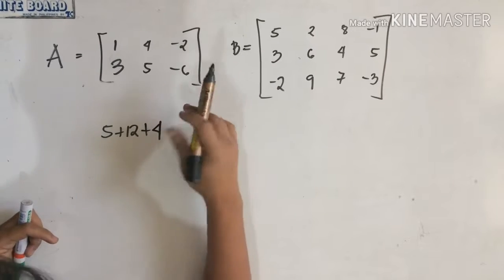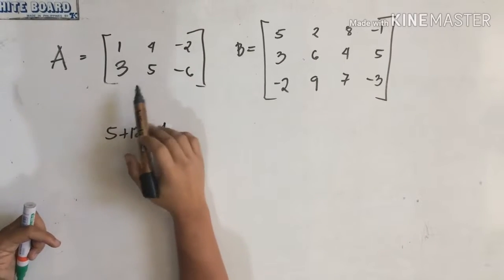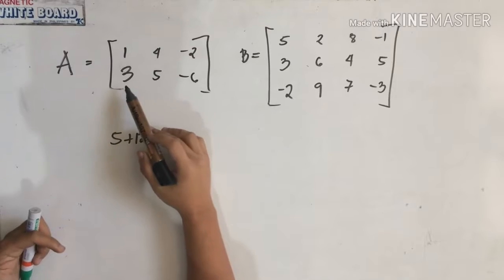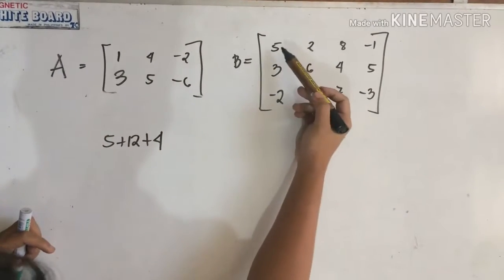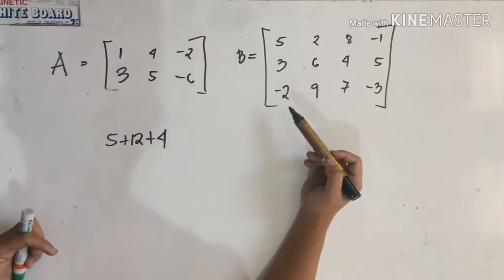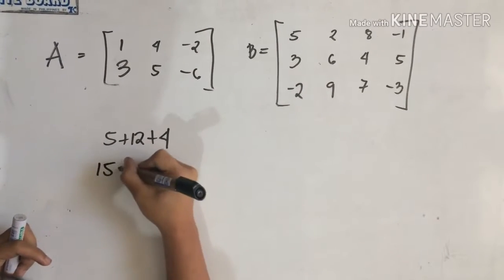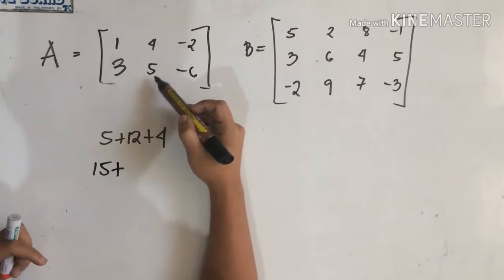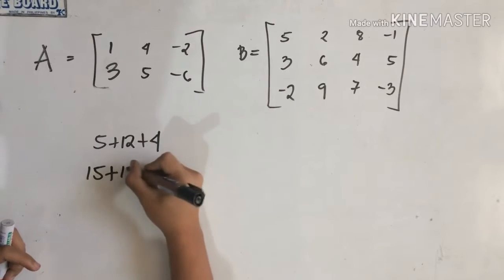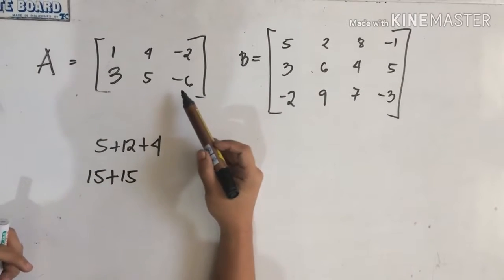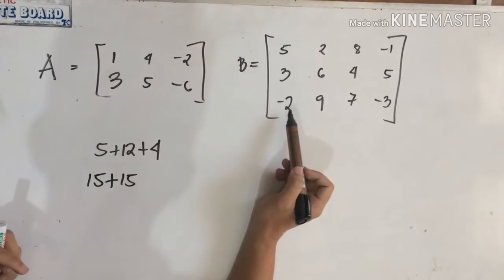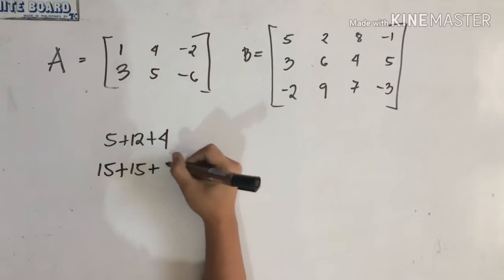And now secondly, we have to multiply this second row to the same column. So we have 3 times 5, which is 15, plus 5 times 3, which is also 15, and negative 6 times negative 2, which is 12.